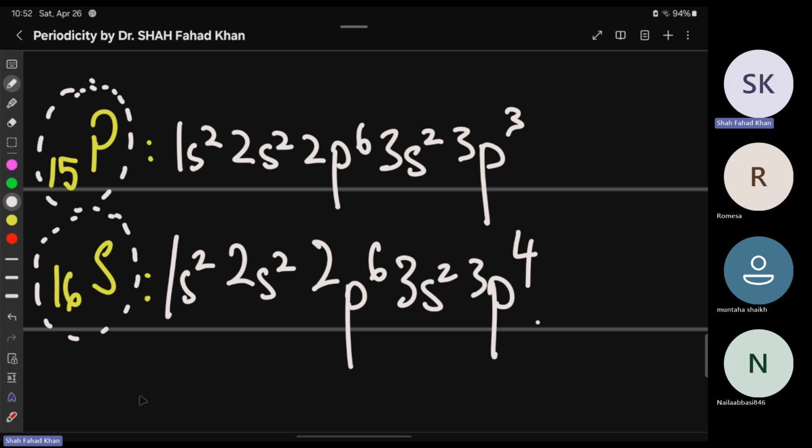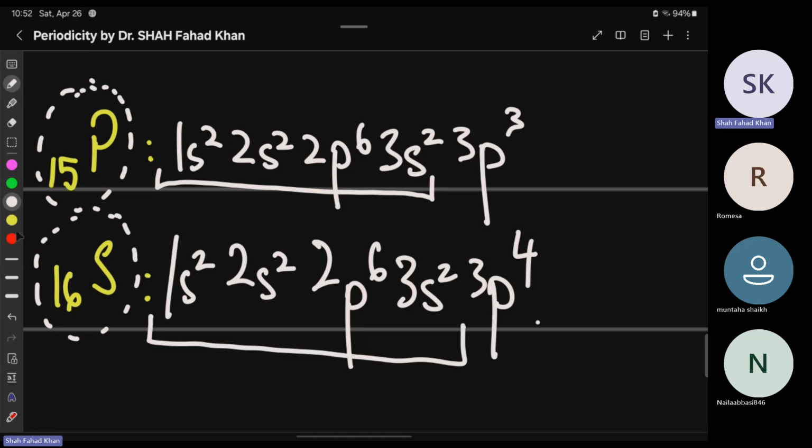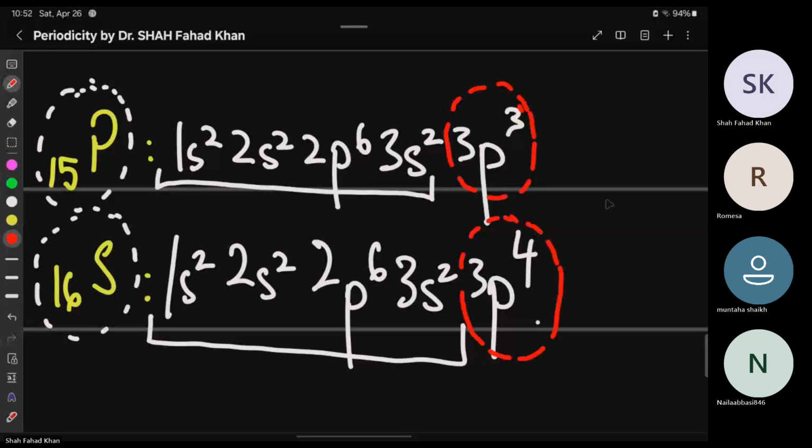Any guesses? They have the same shielding effect, right? Both of them have shielding being provided by these electrons. The outer shell electron is in the 3p orbital. So now which one? Why does sulfur have lower ionization energy compared to phosphorus?